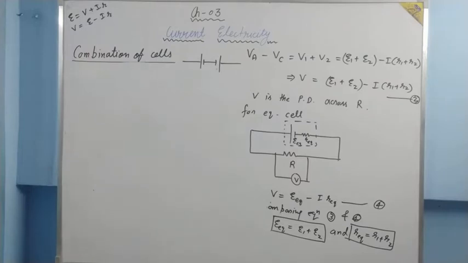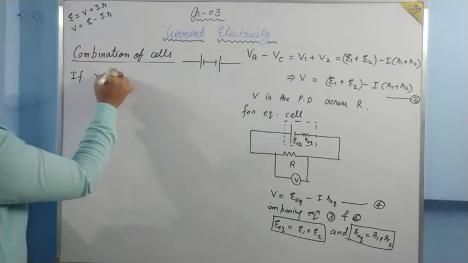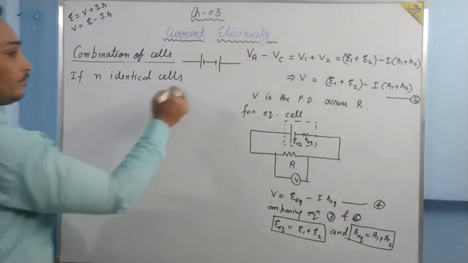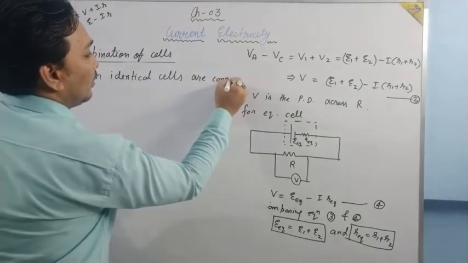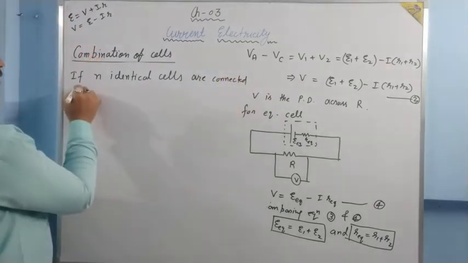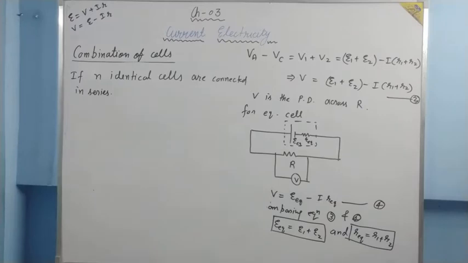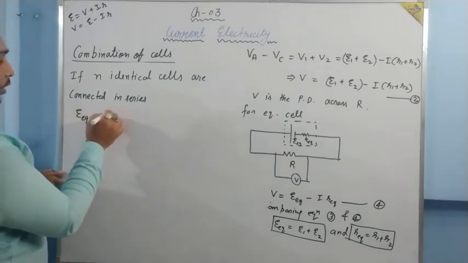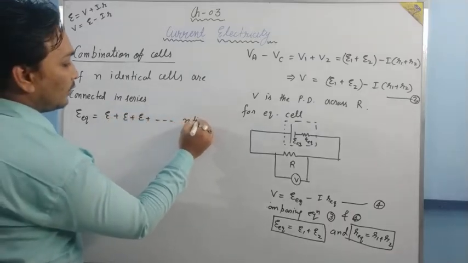If n identical cells are connected in series, then what will happen? In that case, E equivalent will be E plus E plus E plus, how many times?